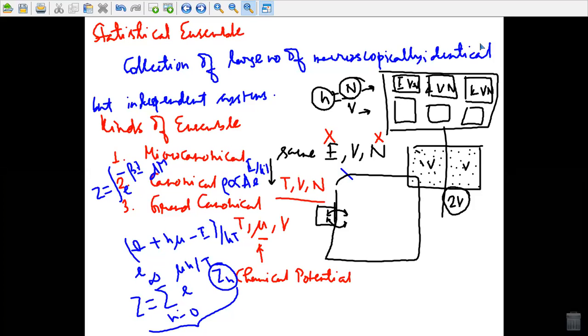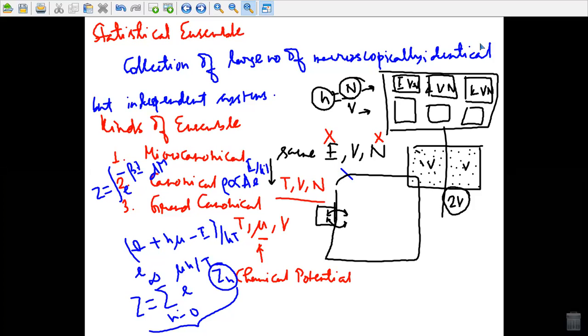Thus, an ensemble in which the systems exchange energy but not matter is called a canonical ensemble. That in which both energy and matter are exchanged between the systems is called a grand canonical ensemble, and that in which neither energy nor matter is exchanged is called a microcanonical ensemble.